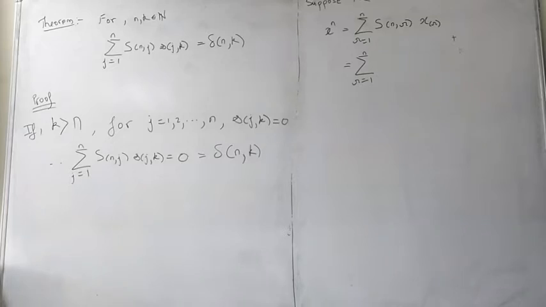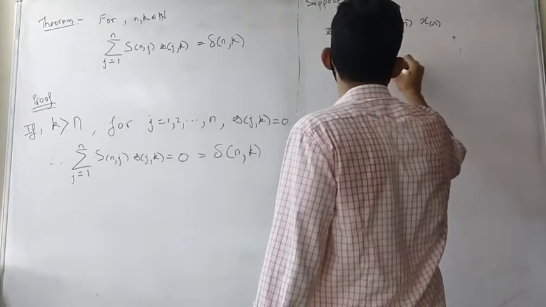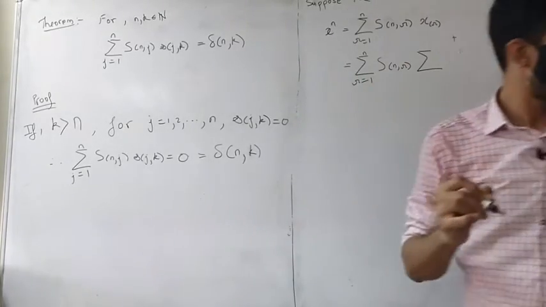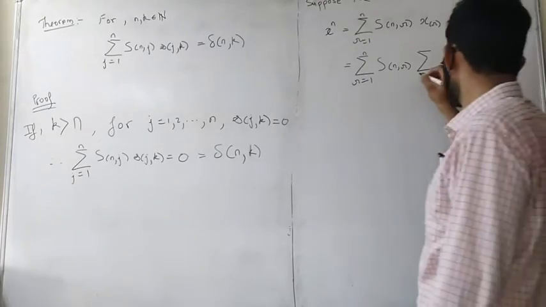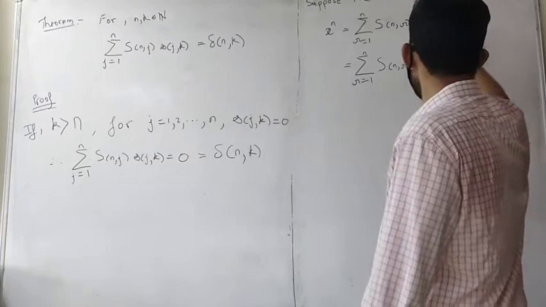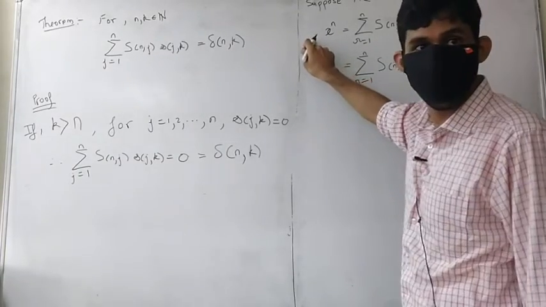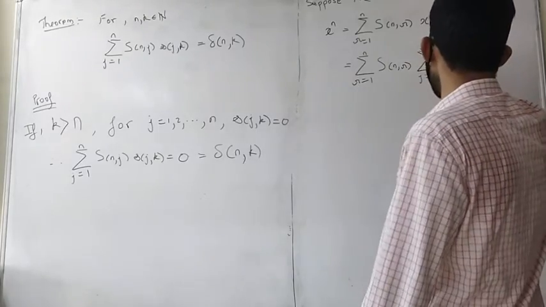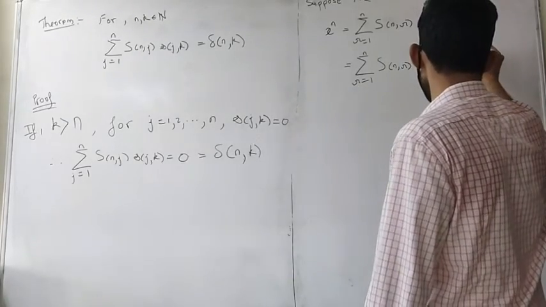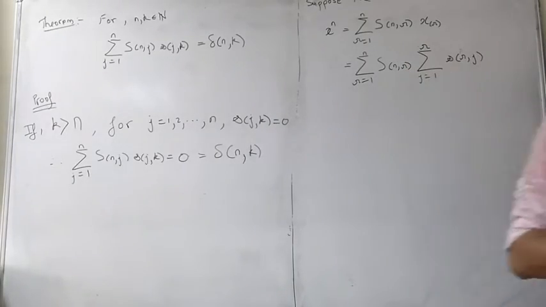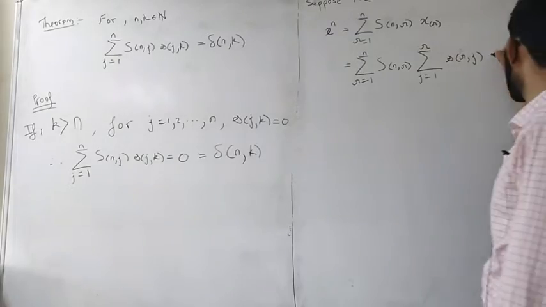That will give me the sum j going from 1 to r of small s(r, j), x raised to j. That's what we have done.